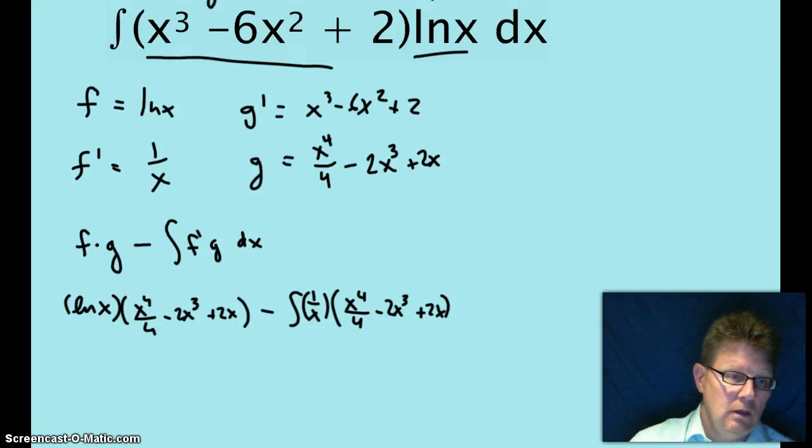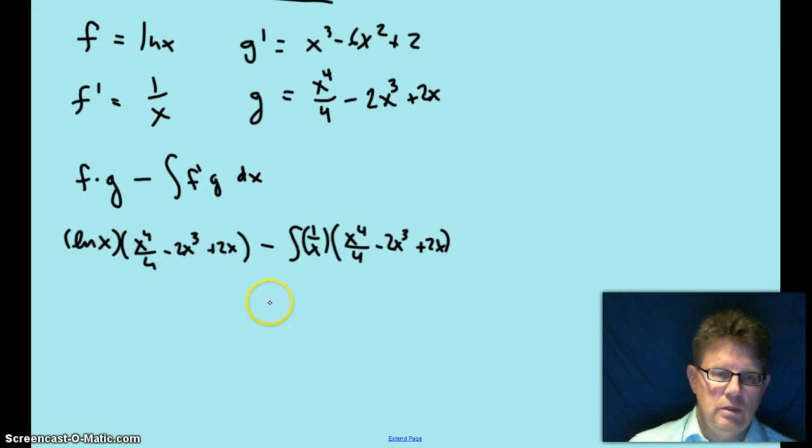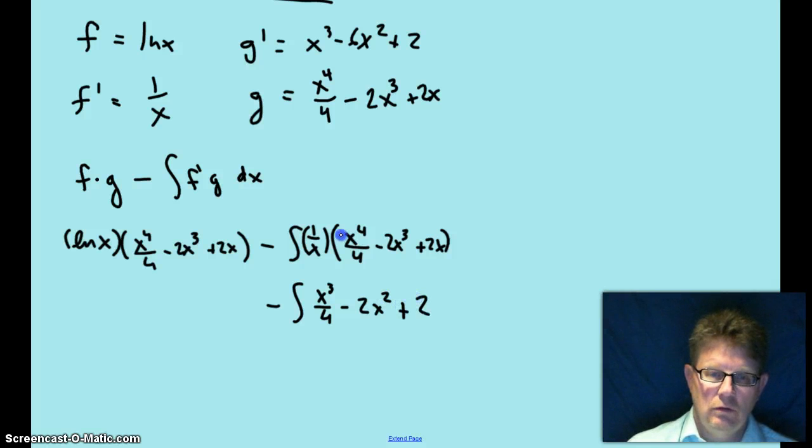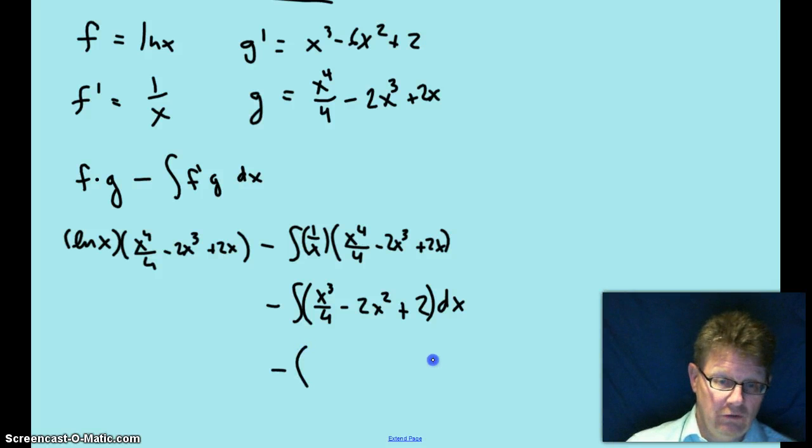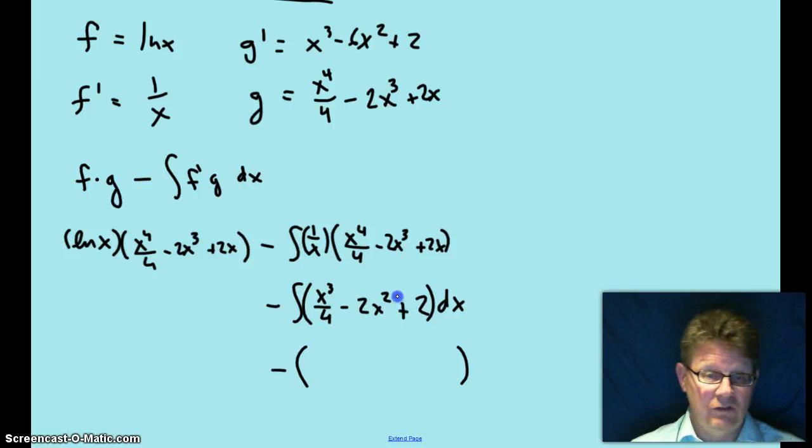Okay, moving right along, this would be minus the integral of x cubed over 4 minus 2x squared plus 2, when you distribute that 1 over x to each term, dx. So minus, hey, put this antiderivative in parentheses, otherwise you're going to mess up with these signs here.